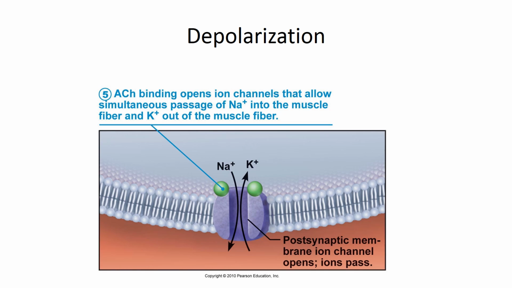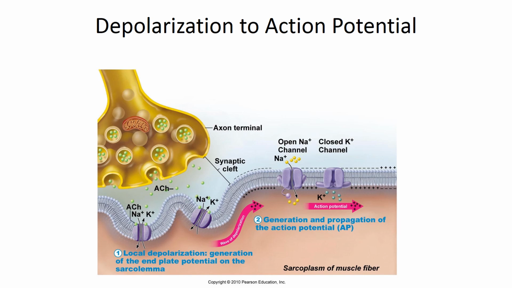Acetylcholinesterase is important, as I noted previously, because it destroys acetylcholine, preventing continuous muscle contraction in the absence of nerve stimulation. The electrical condition of the resting sarcolemma, also called the resting membrane potential, is said to be polarized.